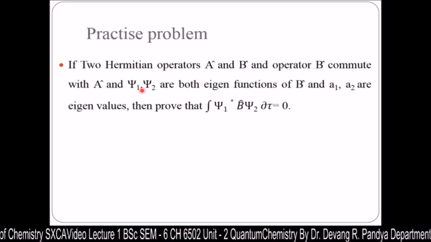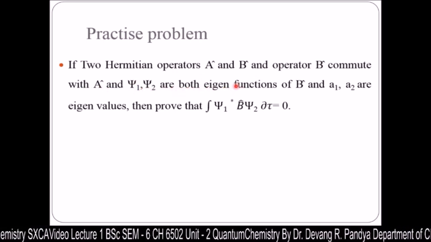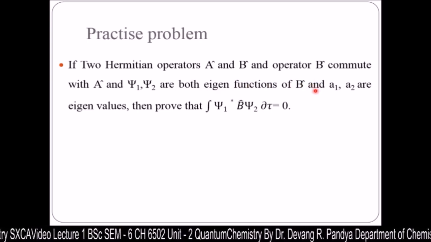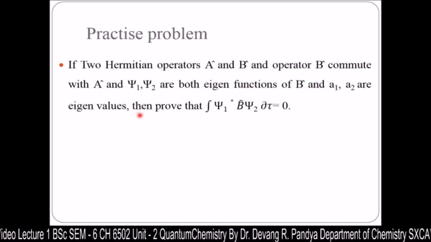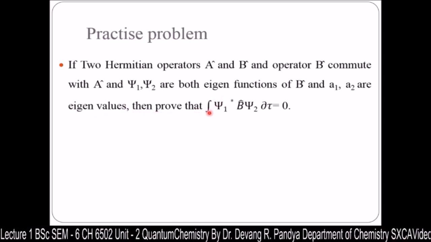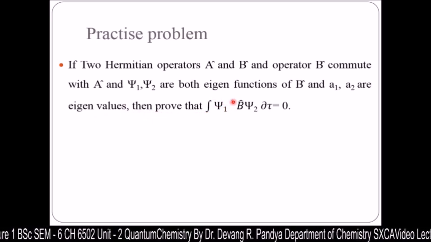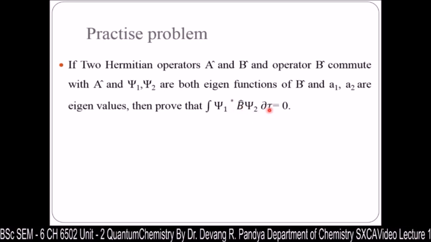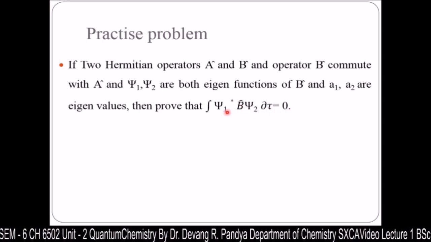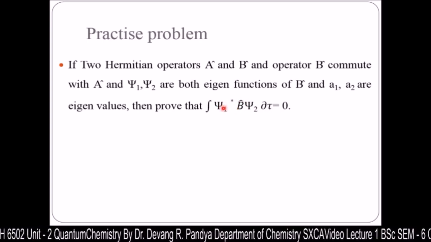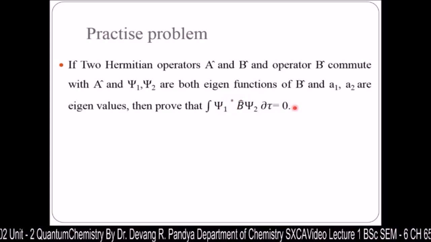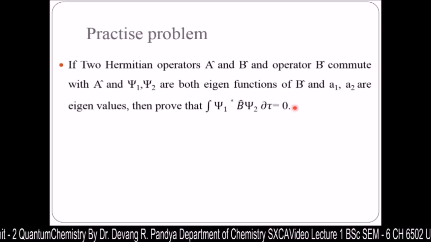We need to prove, psi 1 and psi 2 both are eigenfunctions of B, and A1 and A2 are the eigenvalues. Then prove that integration psi 1 star B psi 2 d tau is equal to 0. Means both the functions with respect to operator B are orthogonal with each other. That we need to prove in this theorem.